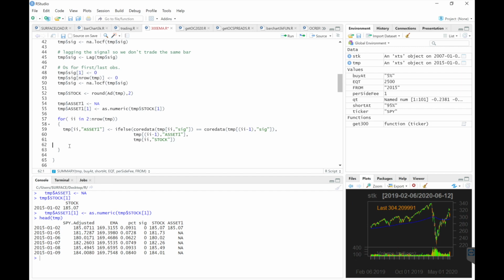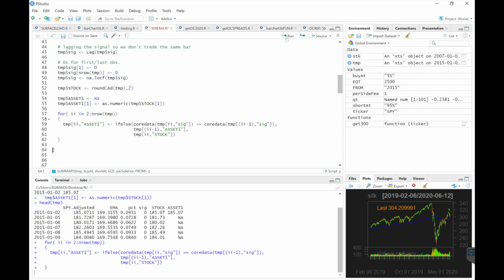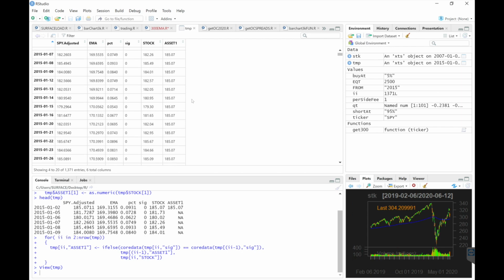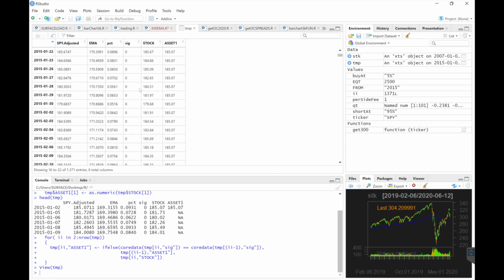So here I'll run this. We'll take a look at temp. So we'll see whenever it changes.